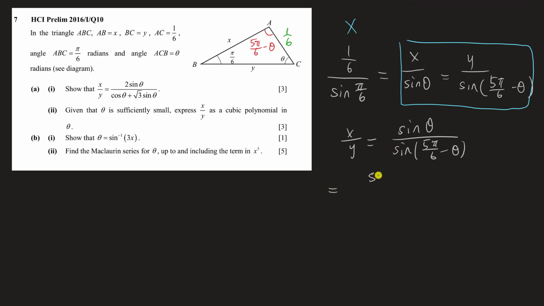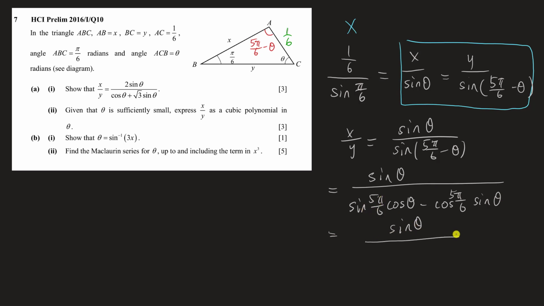We should get sine of 5 pi over 6 cosine theta minus the other way around, cosine 5 pi over 6 sine theta. Sine 5 pi over 6 is the same as sine pi over 6, which will give you half cos theta.